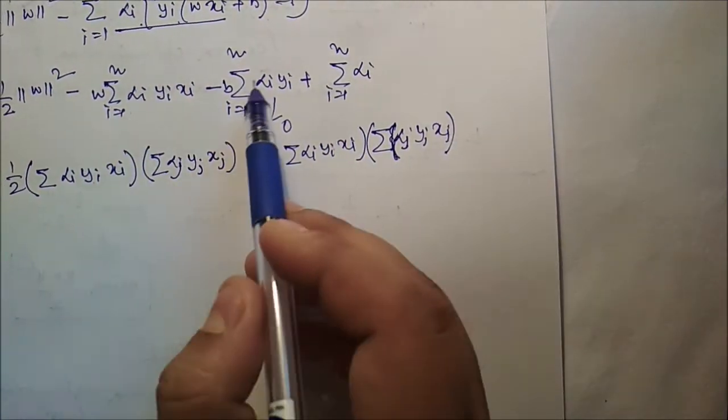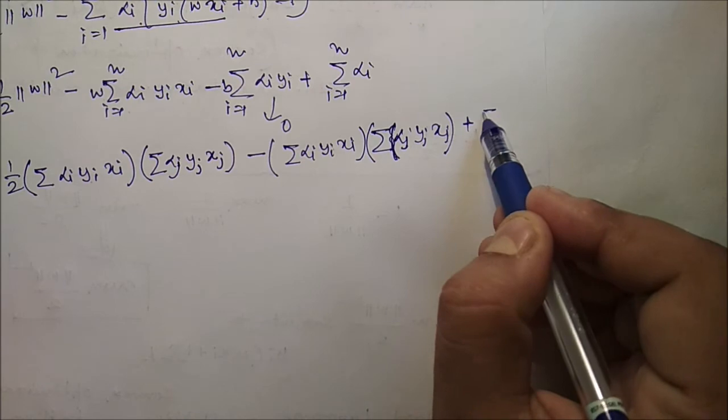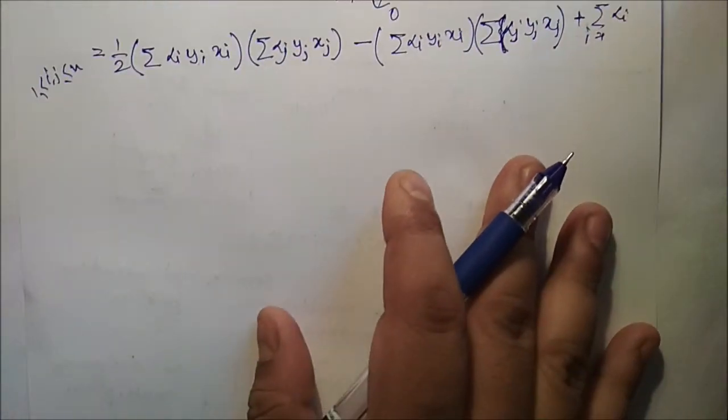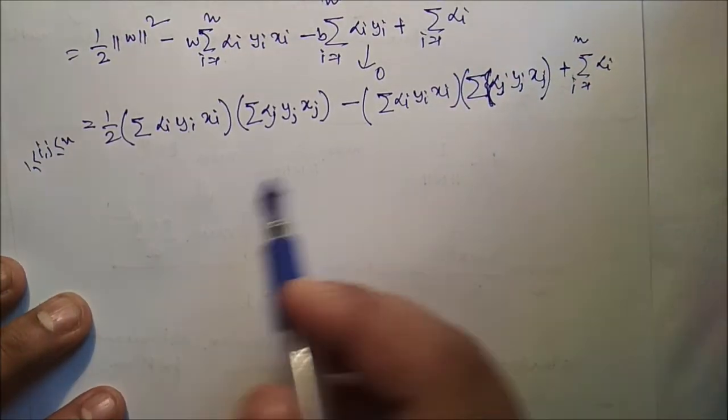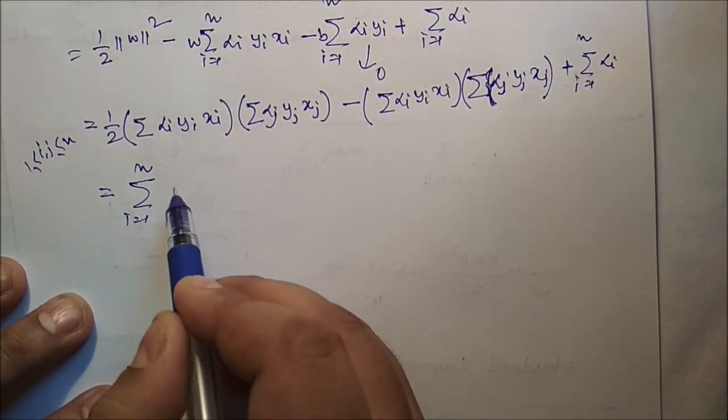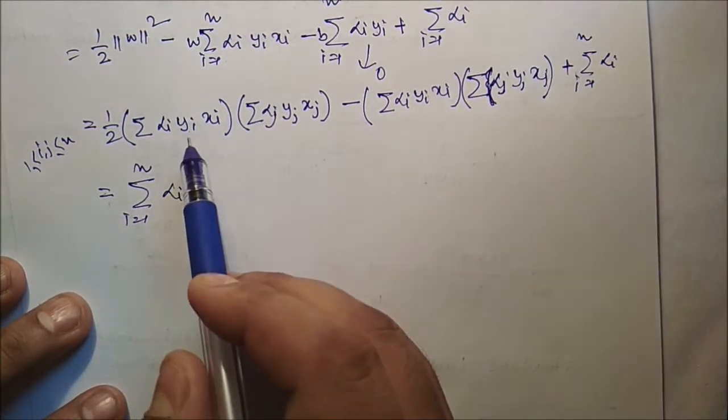This part is 0, plus the summation of i is equal to 1 to n alpha i. If you put the initial one here, that means i is equal to 1 to n alpha i, and both are the same.